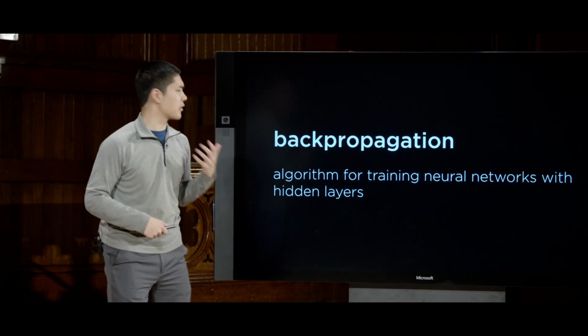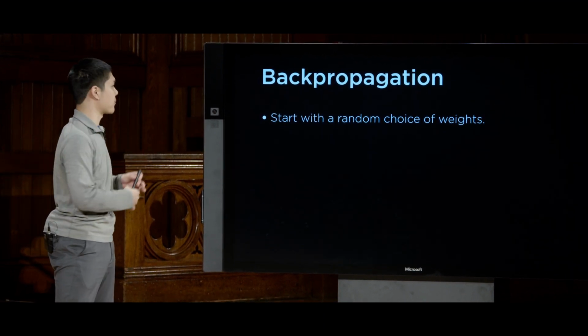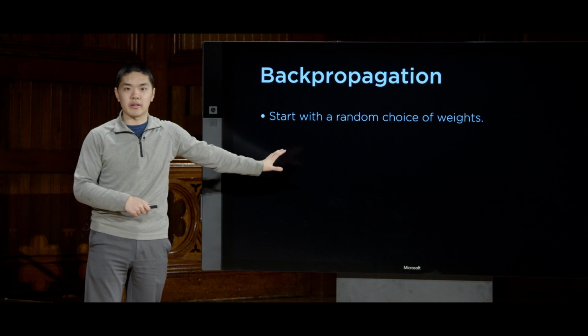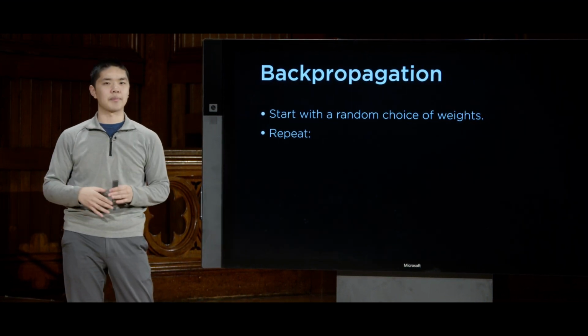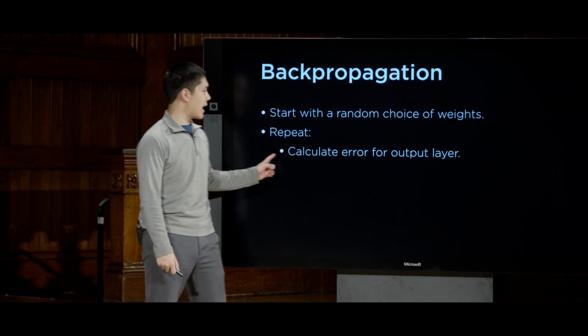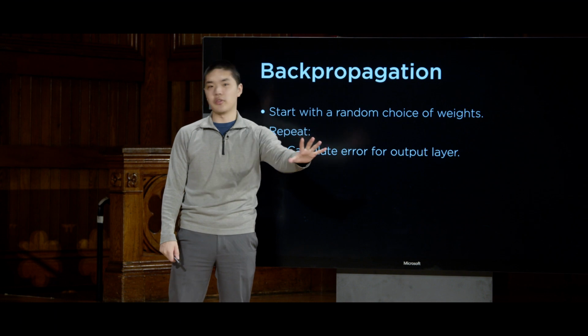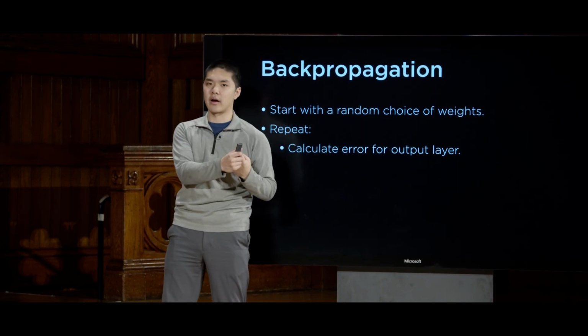And the pseudocode for it will again be: if we want to run gradient descent with backpropagation, we'll start with a random choice of weights, as we did before. And now we'll go ahead and repeat the training process again and again. But what we're going to do each time is calculate the error for the output layer first. We know the output and what it should be, and we know what we calculated, so we can figure out what the error there is.